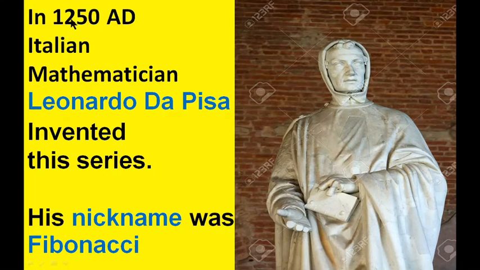In 1150 AD, Italian mathematician Leonardo da Pisa invented this series. That means the Fibonacci series. His nickname was Fibonacci. So his series is called Fibonacci series or Fibonacci numbers.